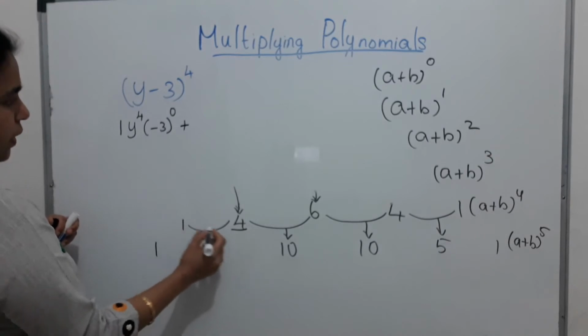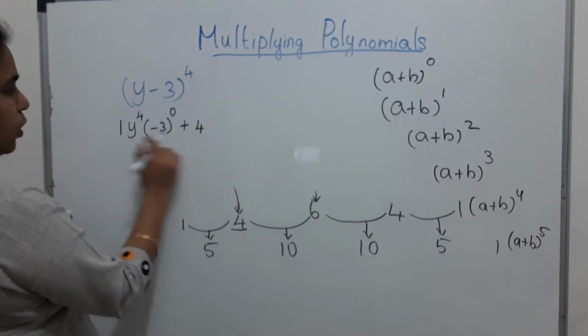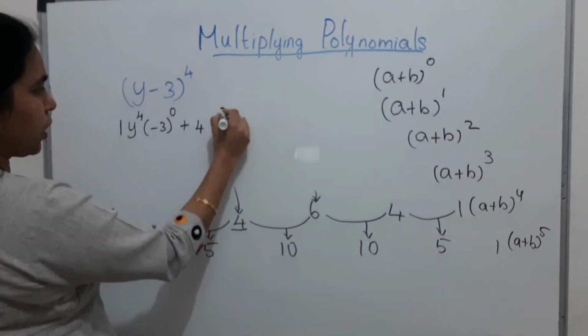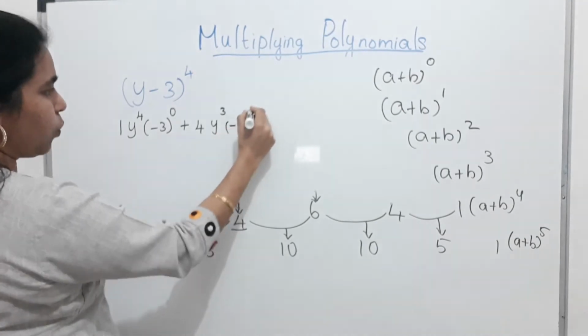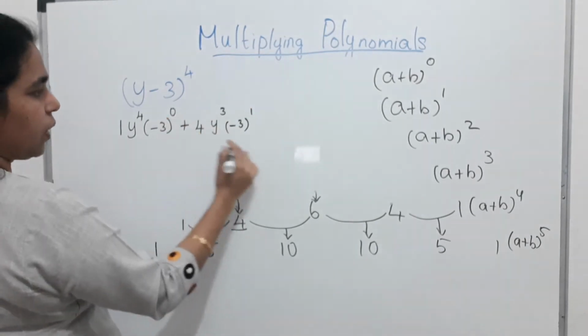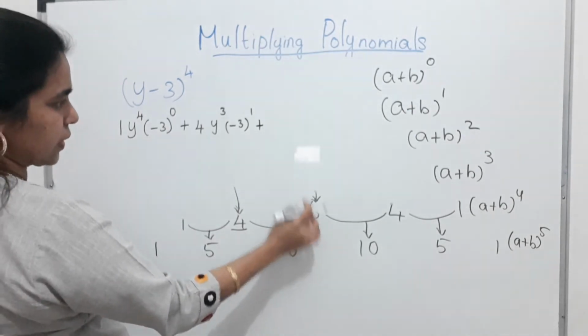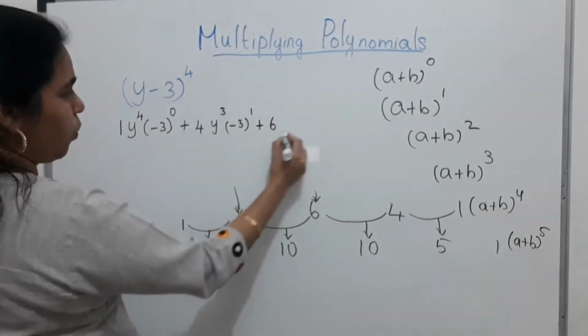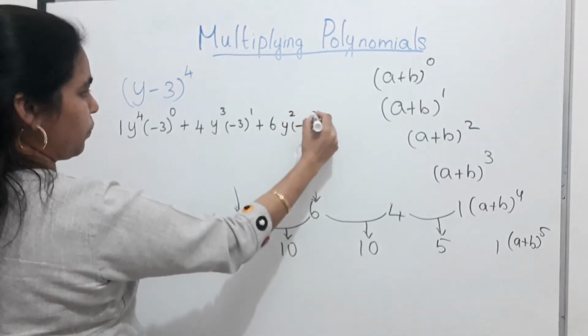So 4 is the coefficient for the second term, and then you have to write y to the power 3 because it's decreasing, and then minus 3 to the power 1 because it's increasing, and then plus what is the next number? 6. So 6 y squared, and then minus 3 to the power 2.